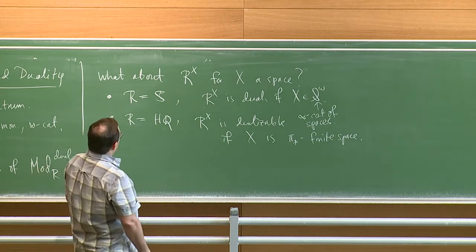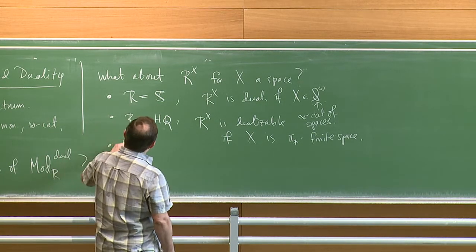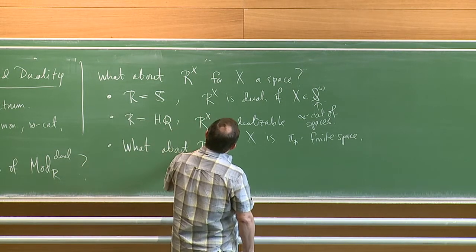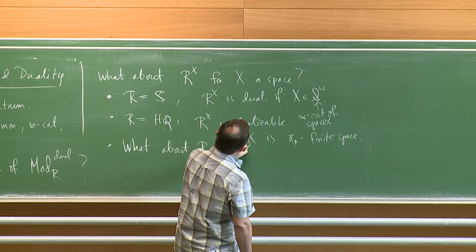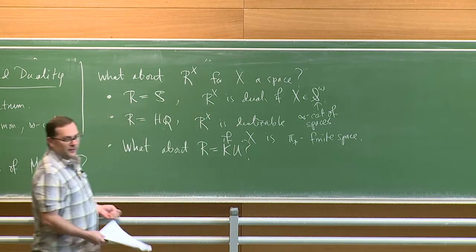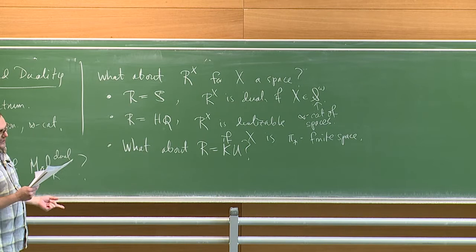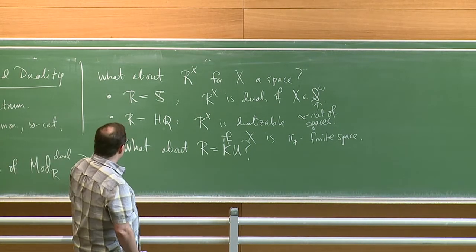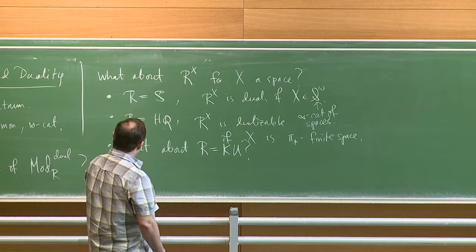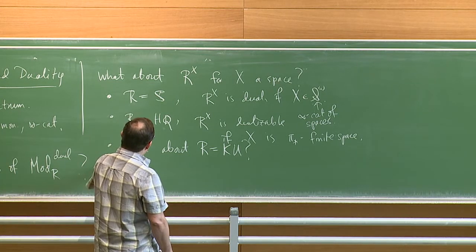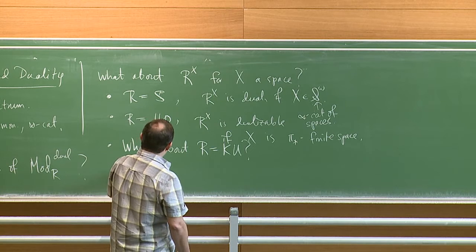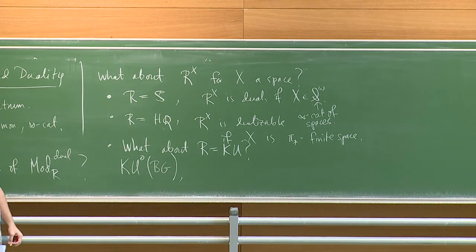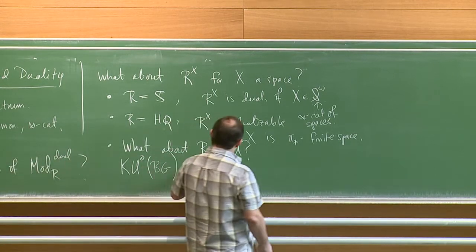So let's consider an intermediate example. So what about R is complex K theory? Well, here things start to get a bit more interesting. So we can do a lot of calculations in K theory. For example, we can calculate the K-theory of BG, the classifying space, for, say, G a finite group.